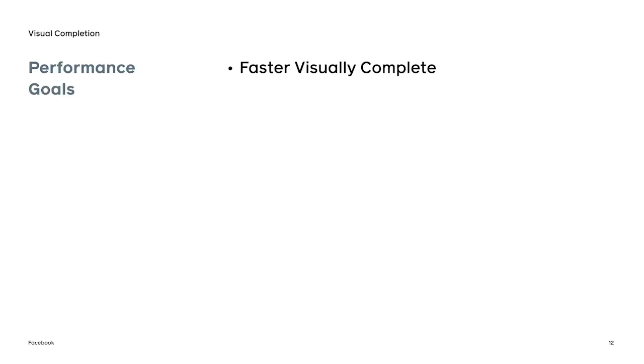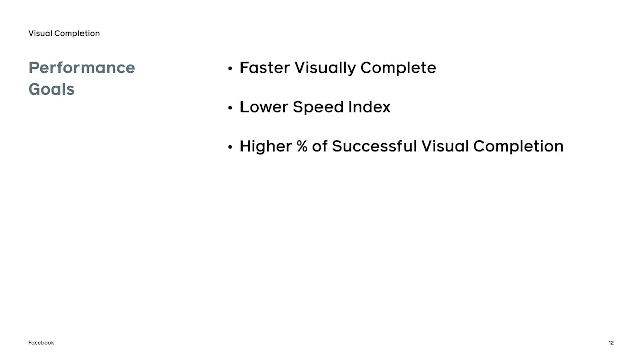Based on visual completion measurement and data logging, we can define multiple performance goals to improve user experience. It's obvious we want our website to be performant, such as faster visual completion and lower speed index score. But we also need to reduce the percentage of bad experiences like unsuccessful completion and delayed interaction.